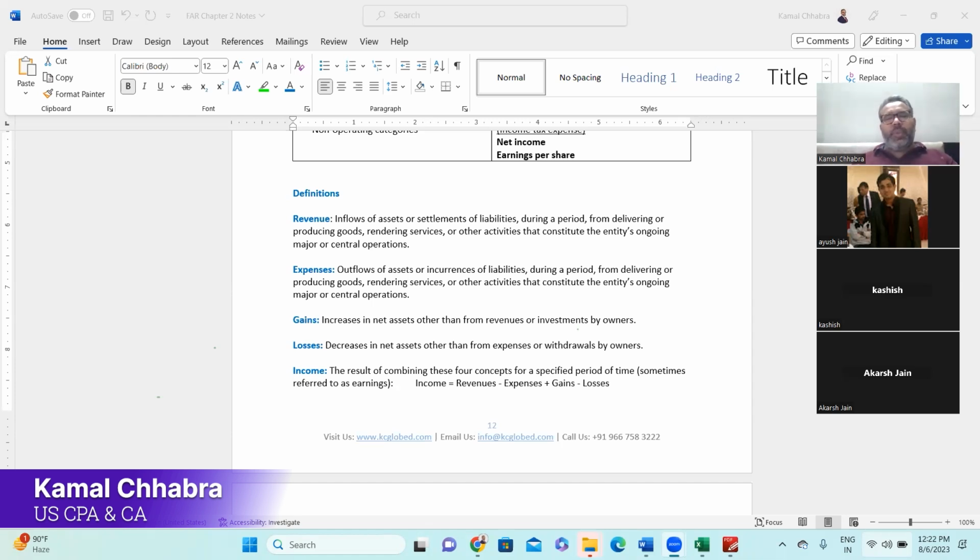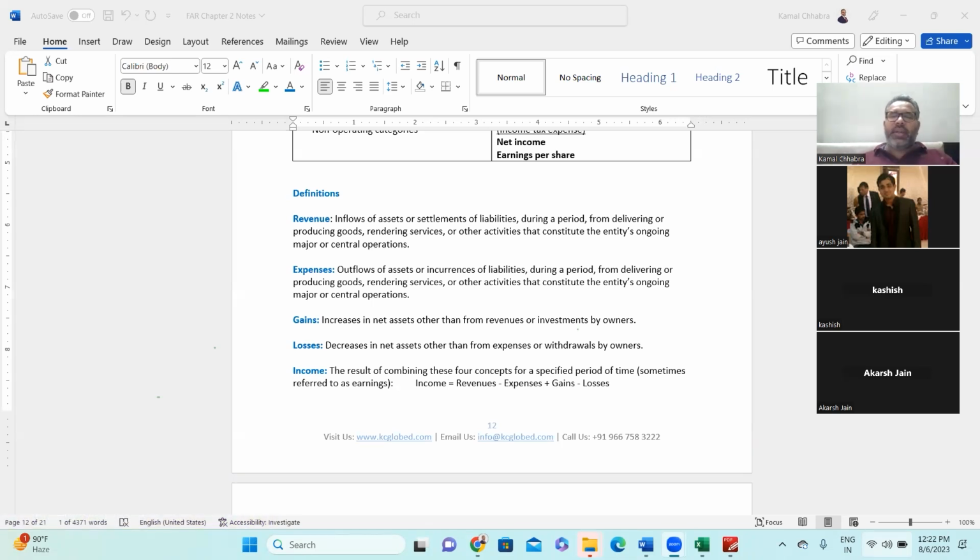So what you need to keep in mind is that revenue always comes from the business operation, which is your main business operation. Anything else you receive may result in gains. Sometimes students get confused about revenue and gain. Revenue always comes from the general business activity for which you started your business.